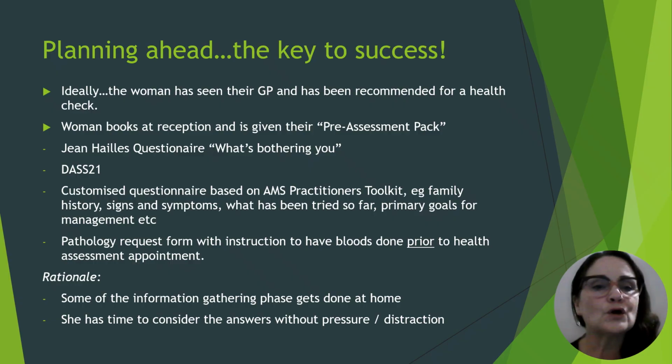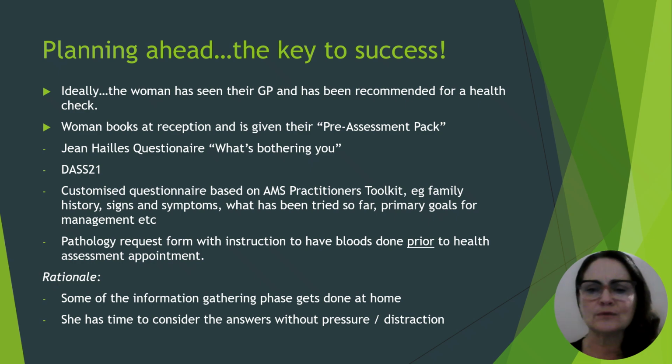Okay, so I also include a DASS 21. Now, if you're savvy enough to want to do all of this electronically instead of handing them a hard copy pack, you can email it to them if you've got the skills to sort that out electronically. That's not me, but it might be you or your practice manager, whoever. I prefer personally the DASS 21 because it looks at depression and anxiety as well as stress.